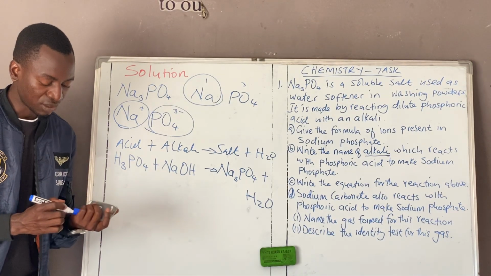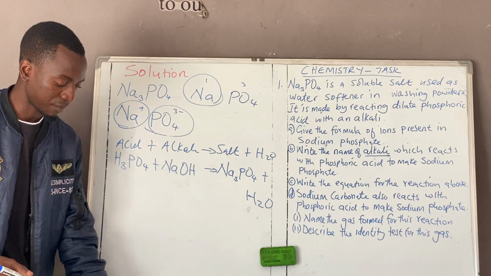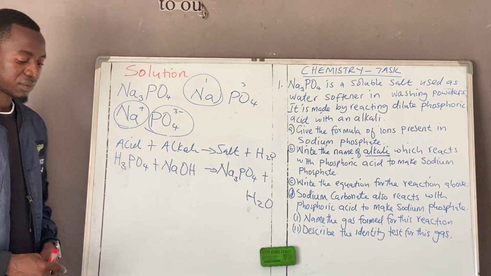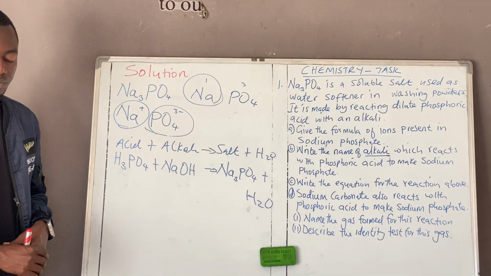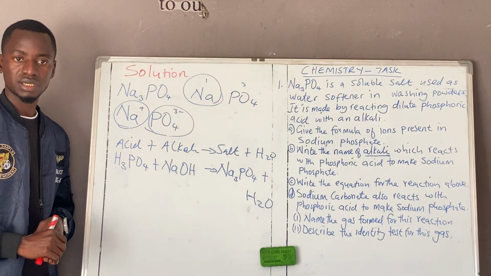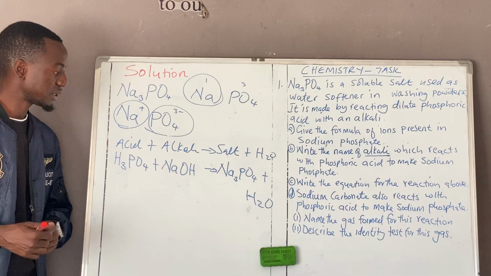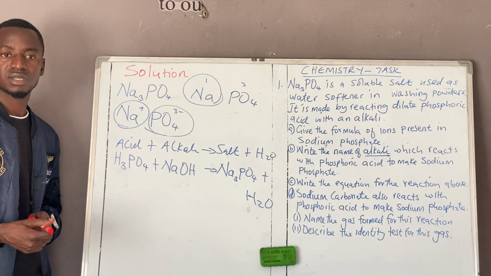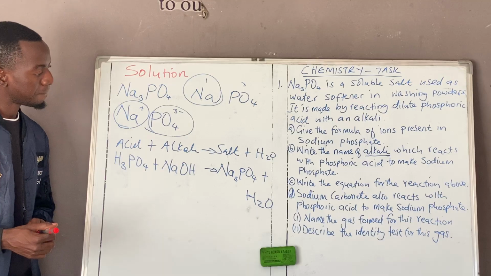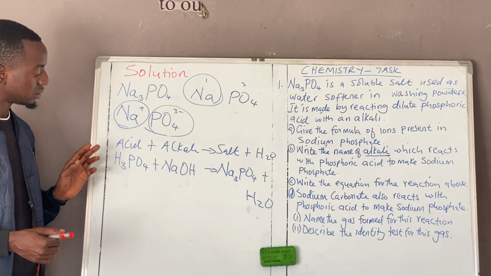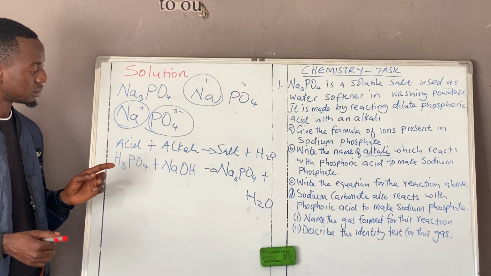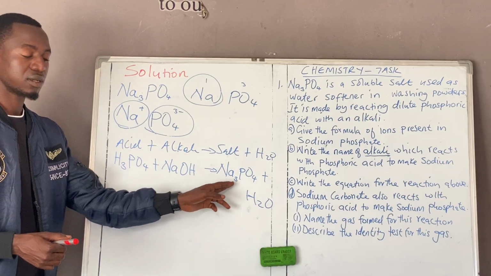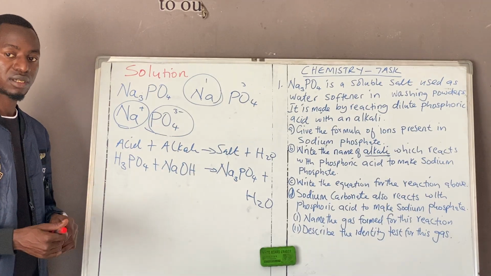So now let's try to balance up our equation. Which number are we supposed to put in front of these compounds? On sodium. We put 2, but here look at this one, 3. So we're supposed to put 3.